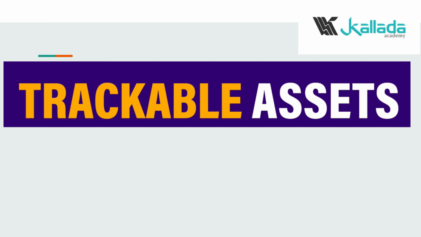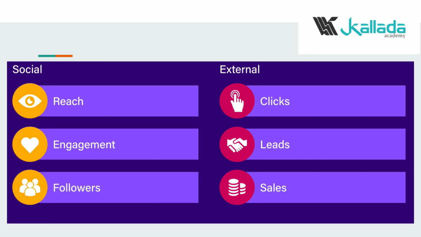Another option we had already discussed is a few different trackable assets that we had put up. With the trackable assets, you can explore the external aspects, and with your social media benchmarking, you can explore the reach, engagement, and followers that you had checked.